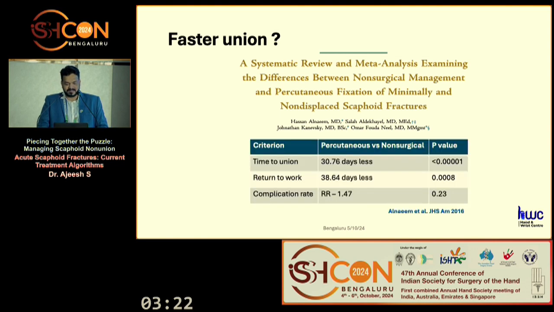But this meta-analysis by Al-Naeem showed that for minimally displaced or undisplaced fractures, surgical fixation has a significantly shorter time to union, which is about 30 days less, and they also return to work about 38 days faster. But of course, they had a relative risk of complication rate of 1.47 times the cast group.